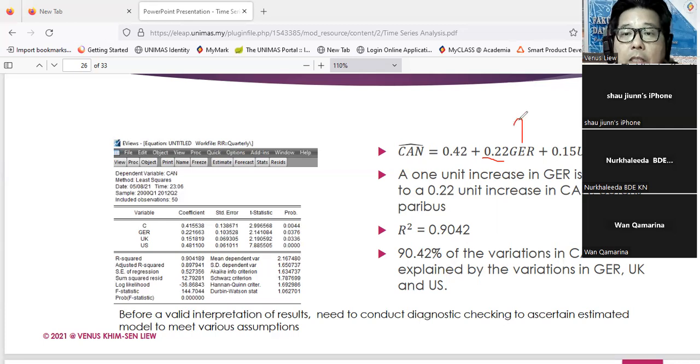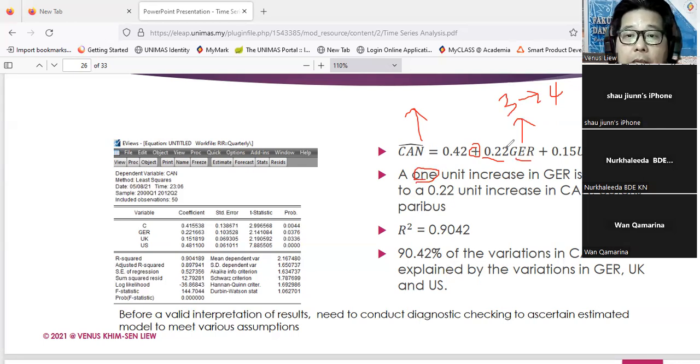Because of the positive relationship, this will also increase. By how much? Let's say now the Germany interest rate is 3, and when it increased to 4, that means there is 1 unit increase in Germany.